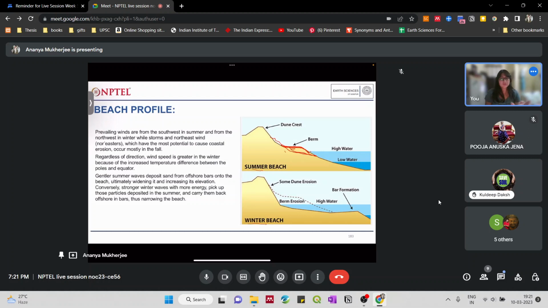The depositional features are there. The source of the deposition is the sand, the material being brought in by the waves, or, as we spoke about, the longshore currents where sand migrates from one place to another. Okay, ma'am.